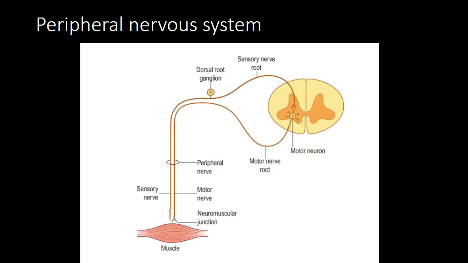So when we do the recording, it's a little bit different, because if a patient is having a root lesion, like you can look at the image too, it will not affect the dorsal root ganglion or the cell body. So the sensory study is going to be normal in radiculopathies, which is kind of the basic.